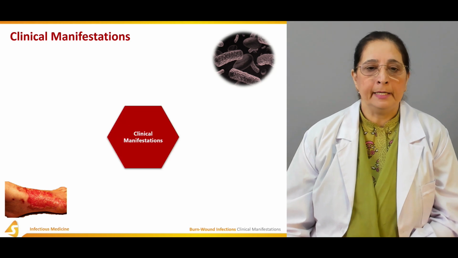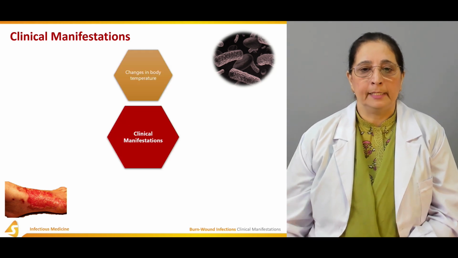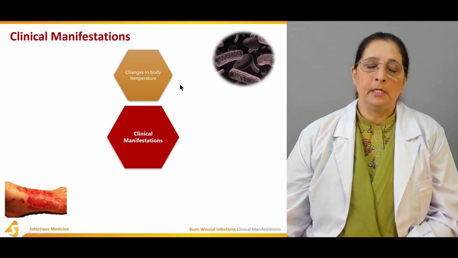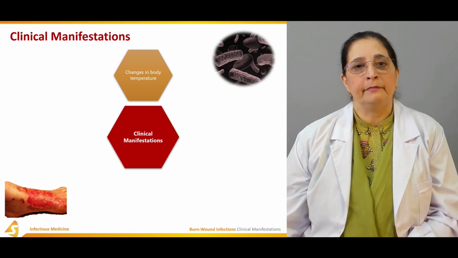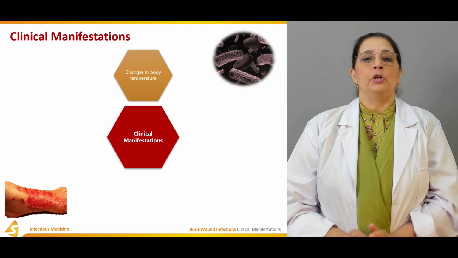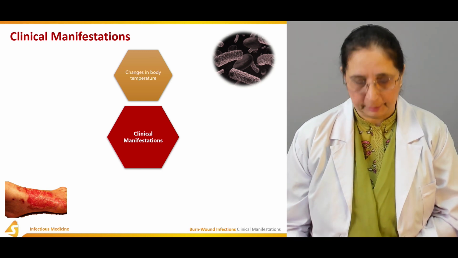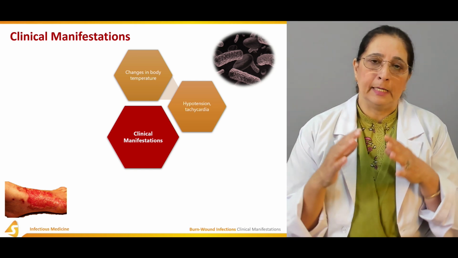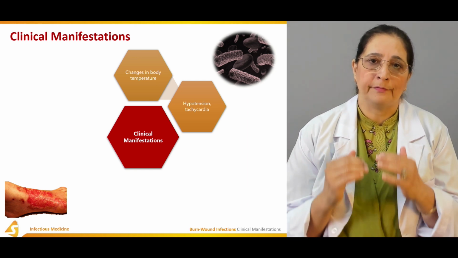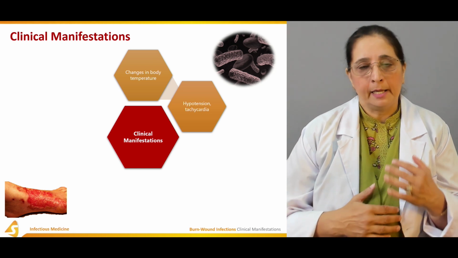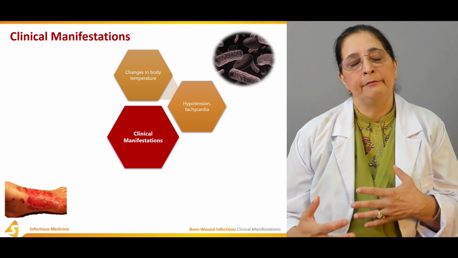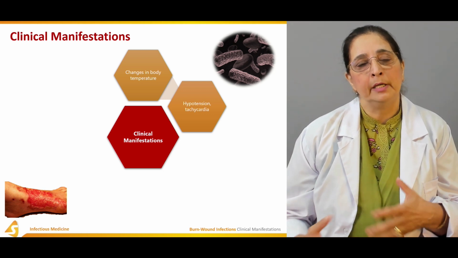Some clinical manifestations are the changes in body temperature. That's an important clinical manifestation. Hypotension, tachycardia: blood pressure is low, there is fast heartbeat, and these are all changes occurring slowly when the infection is spreading to the surrounding area.